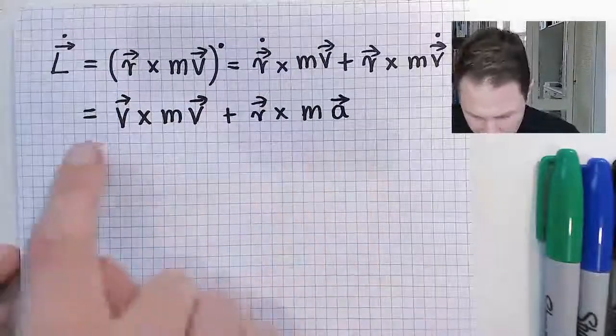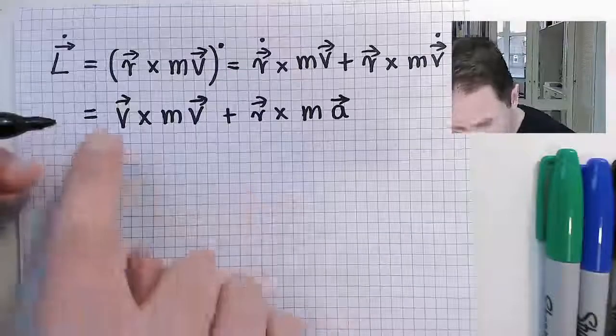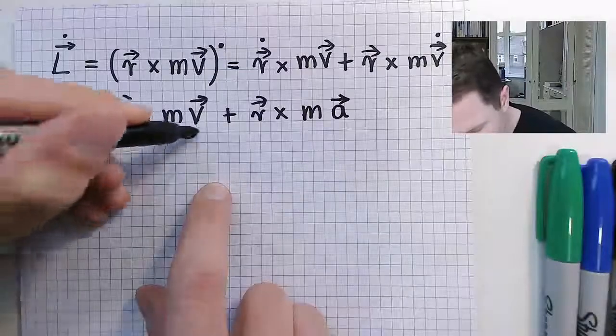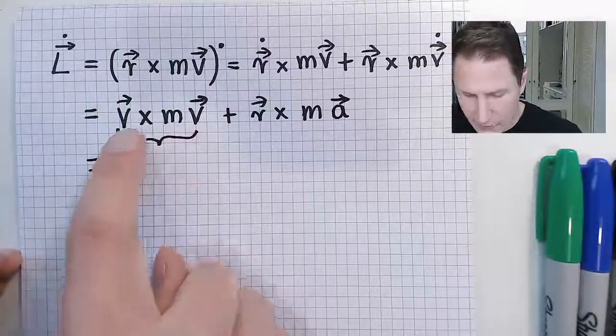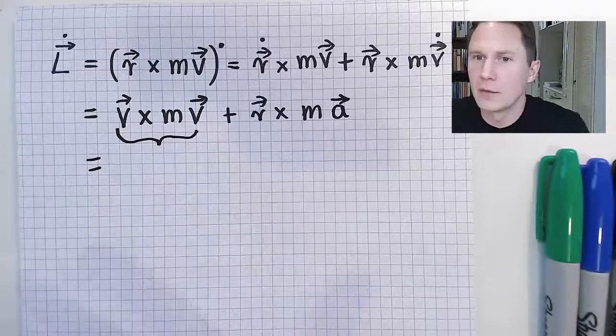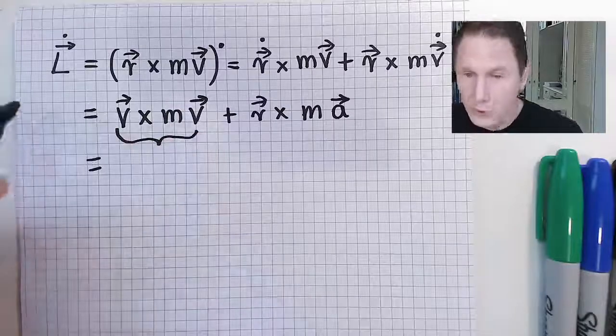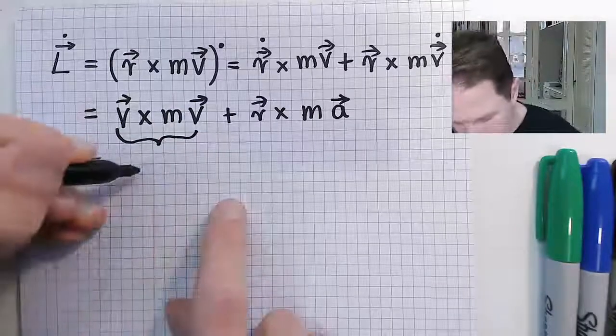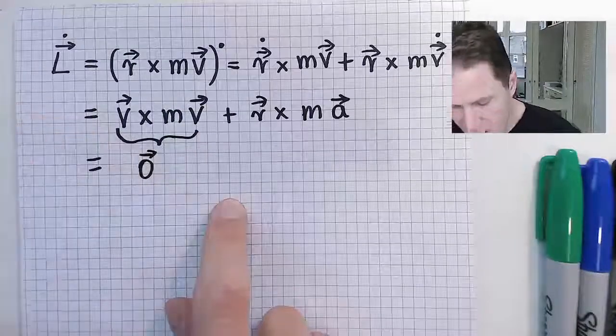So what we have here, this first term, has the vector product of a vector with itself, well, with a scalar multiple of itself. If you know about vector products, you know that this has to be the zero vector.